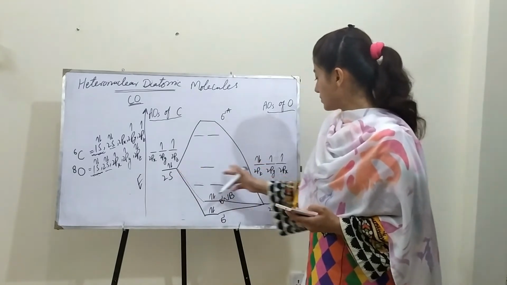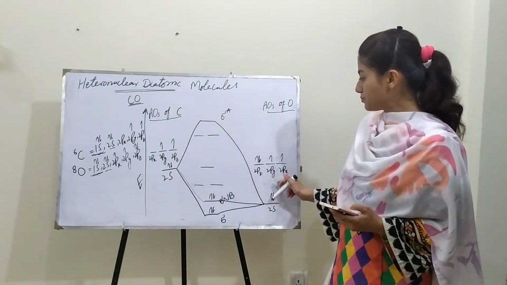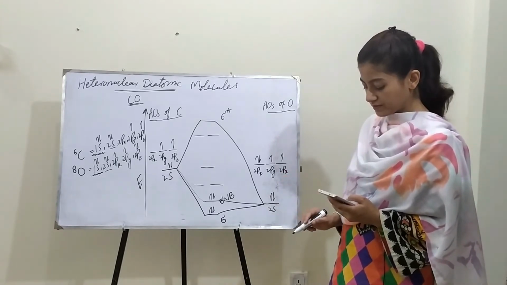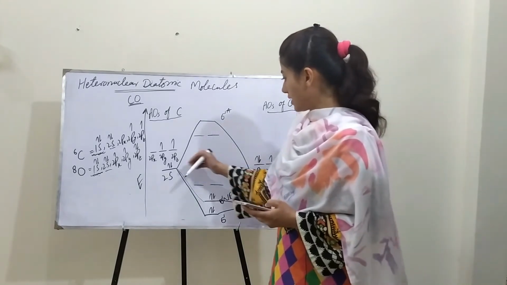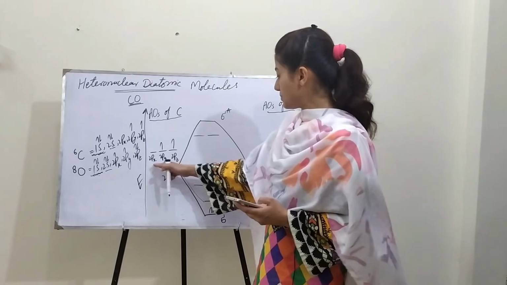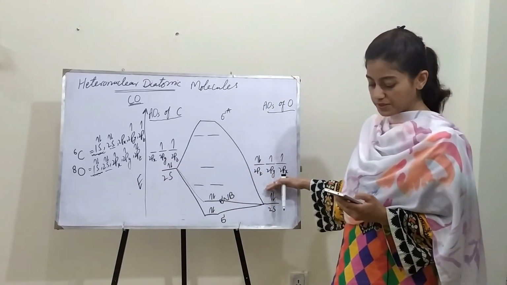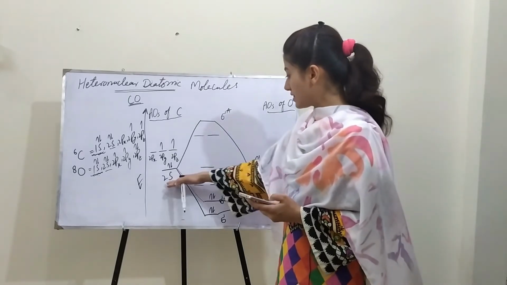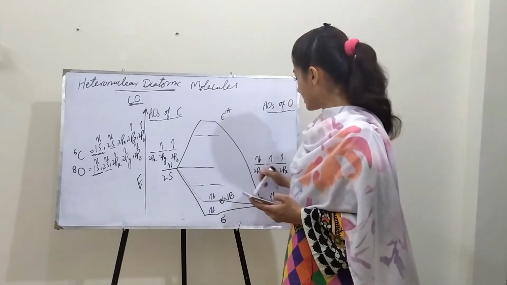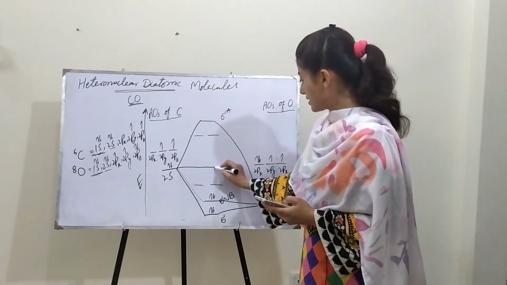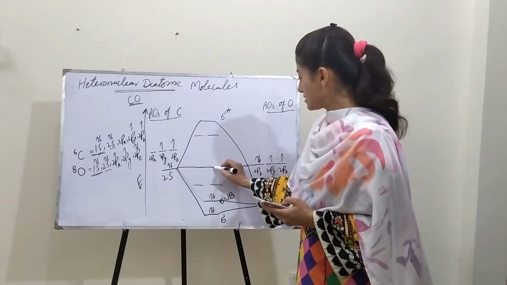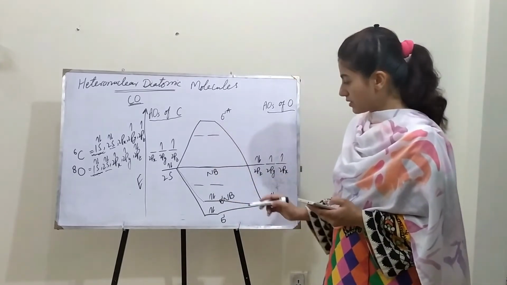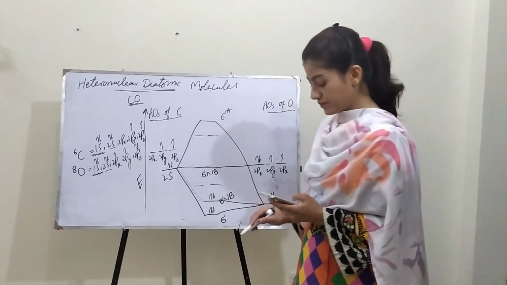And when this 2s interacts with these p orbitals, and as well these p orbitals also interact with these p orbitals, then here this forms the non-bonding orbital, that is also sigma non-bonding.